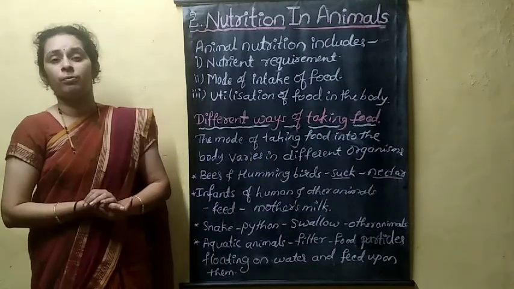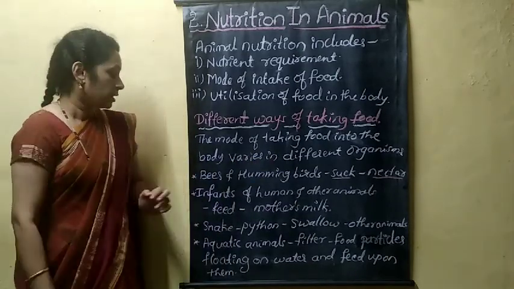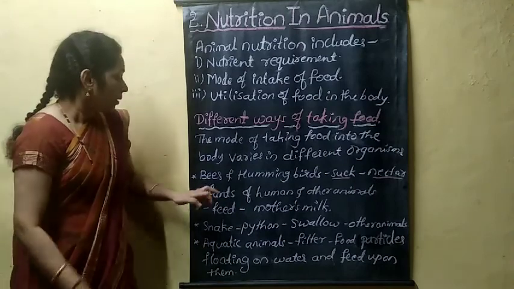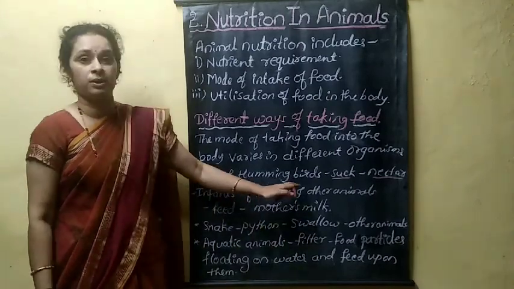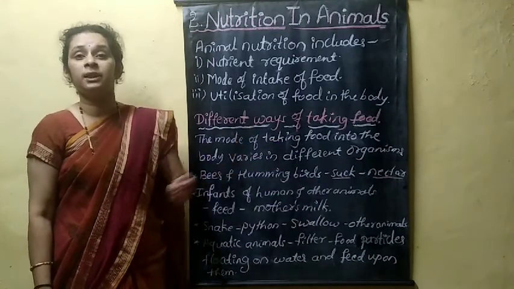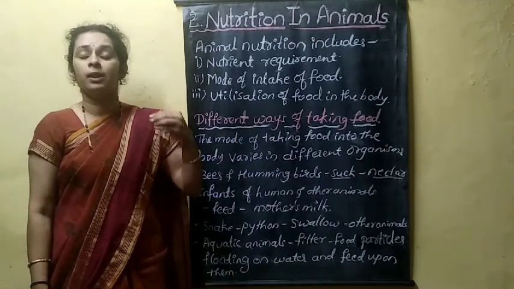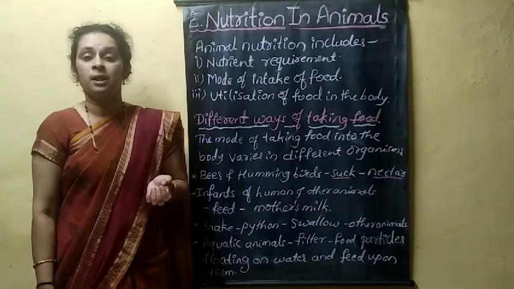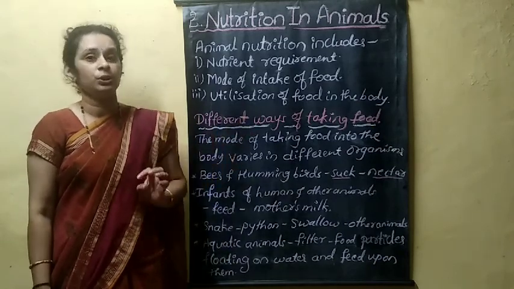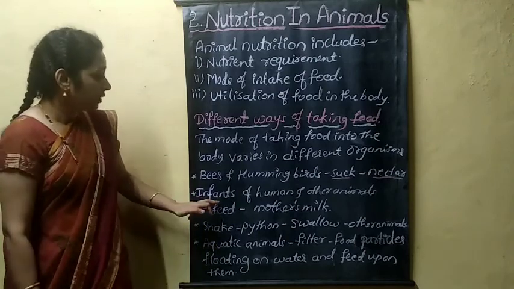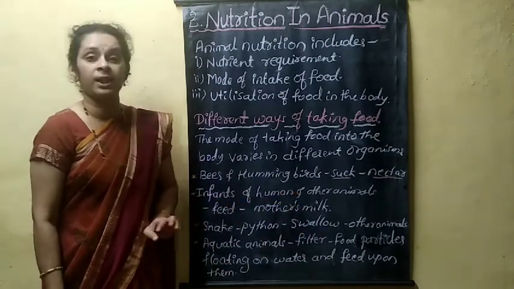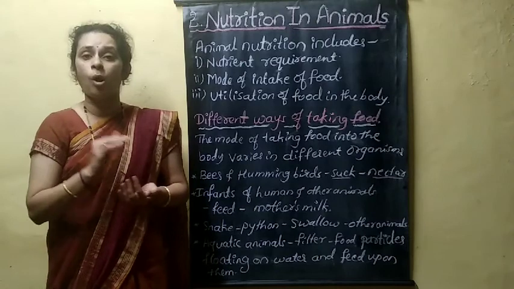First we will consider examples one by one. Bees and hummingbirds suck the nectar of the flowers of plants. By sucking, they obtain their nutrients. Next, infants of humans and other animals. Infants means small babies.